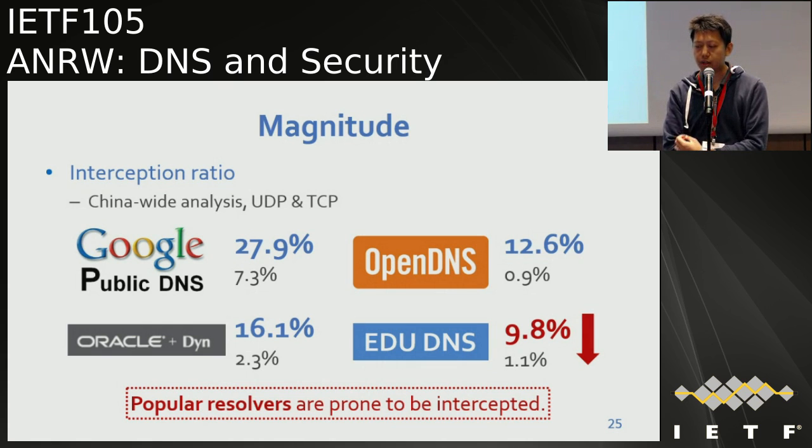If you're using TCP, the ratio is smaller. We also have one recursive resolver set up by ourselves under China's EDU network, and the ratio is much smaller. I think that makes sense, because those EDU DNS resolvers are probably not known to them and not of interest to them.